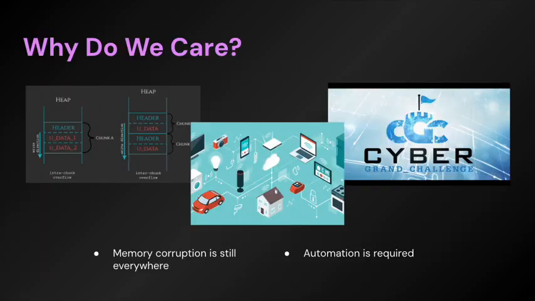So why do we care? The authors start by pointing out that memory corruption vulnerabilities are still extremely common in software. These types of vulnerabilities allow attackers to crash programs, execute malicious code, steal sensitive data, or take control of systems.